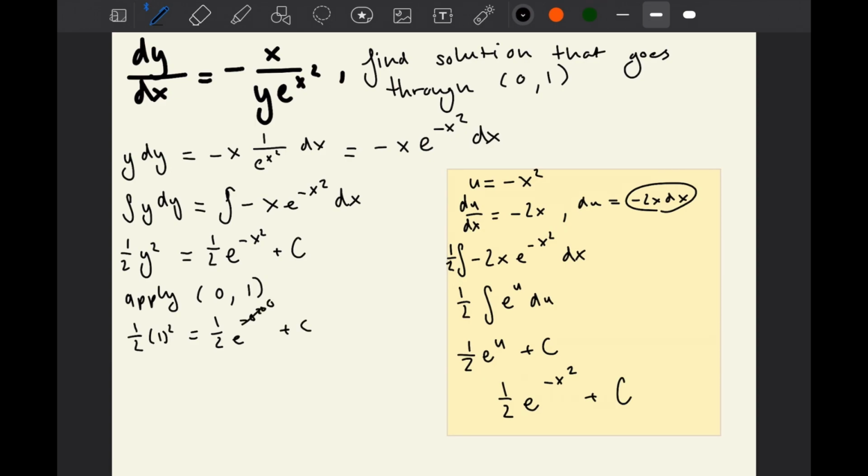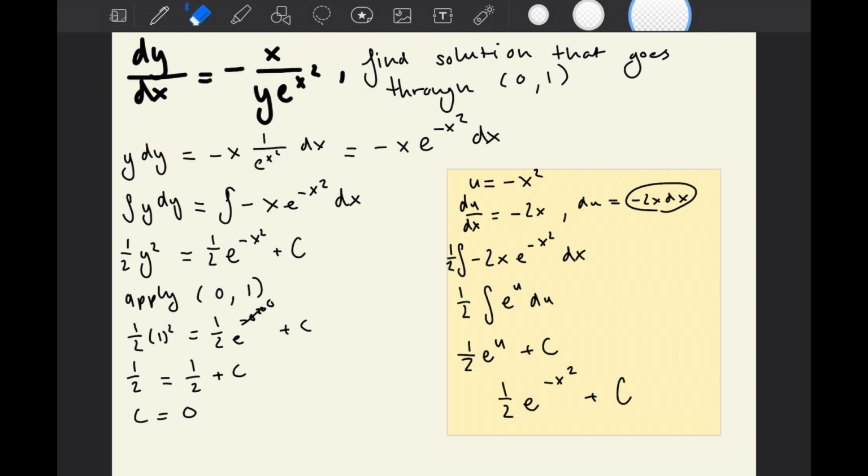So we're going to have 1/2 of 1, which is going to be 1/2. 1/2 is equal to 1/2 of e to the power of 0. Anything to the power of 0 is just 1. So 1/2 times 1 is just going to be 1/2 plus c. So 1/2 minus 1/2, well, c has to equal 0.